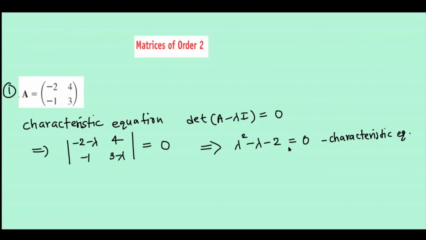Now, by Cayley-Hamilton theorem, the matrix A should satisfy the characteristic equation.